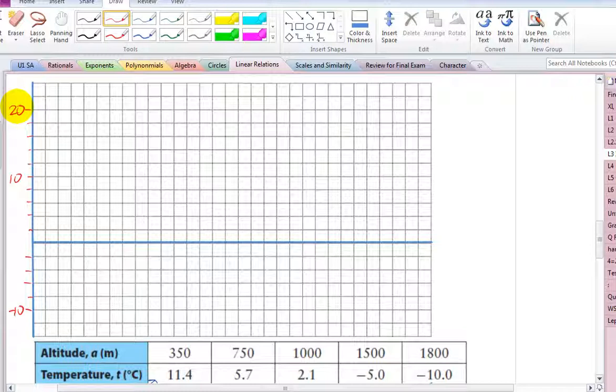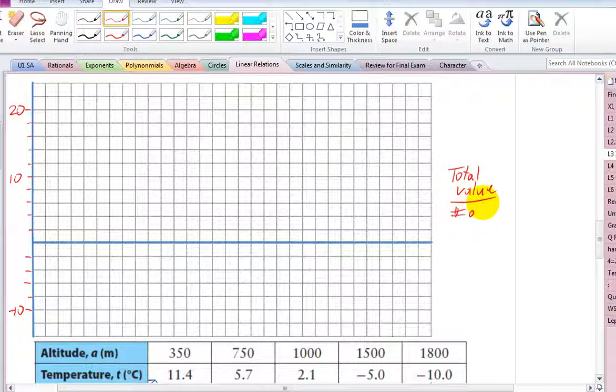So what you could do is count your total values and divide by the number of squares.